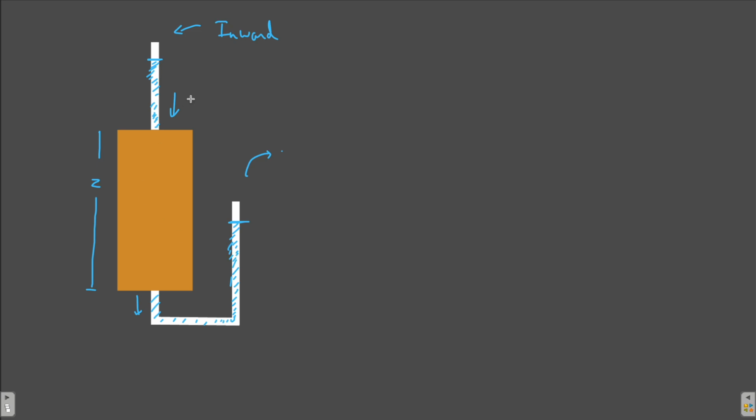What is that head loss? Initially this was the head, and finally this is the head of water. So the difference between the initial head and the final head is known as the head loss of water. Okay, as simple as that. I'm writing the head loss as HL.